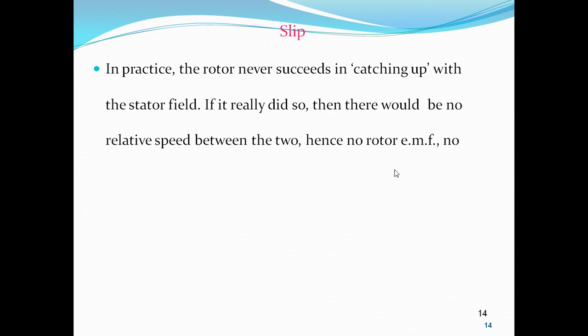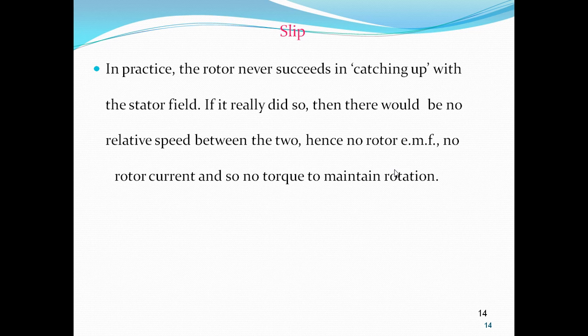The relative speed between the two is zero. When relative speed is zero, induced EMF is zero and armature current is zero, then torque is zero. When torque is zero, then what happened? The motor stops.